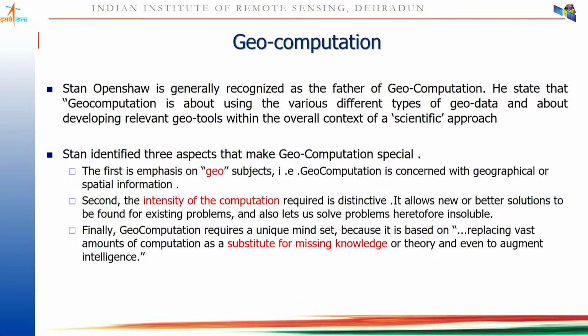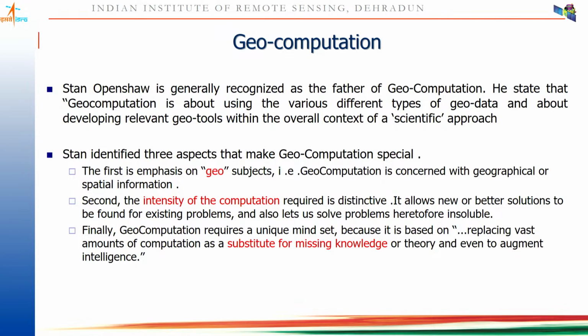Here the word scientific plays a very meaningful role, and he has defined three aspects that make geocomputation special. The first is the geo subject itself, that is, geocomputation is concerned with geographical or spatial information. Second, the intensity of the computation. So what we require to process this data efficiently.